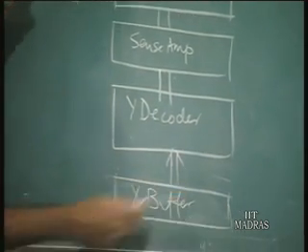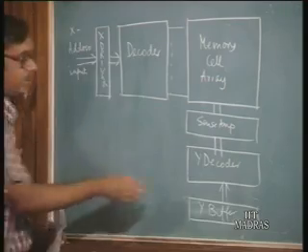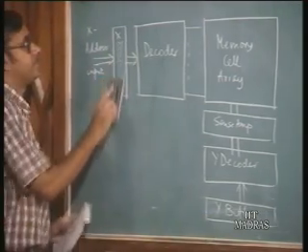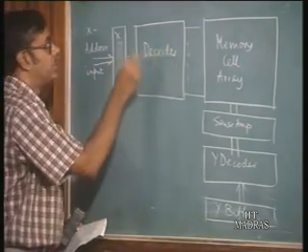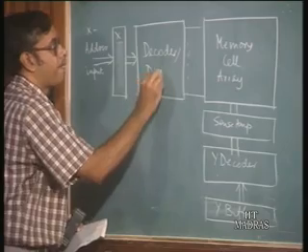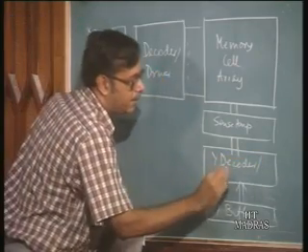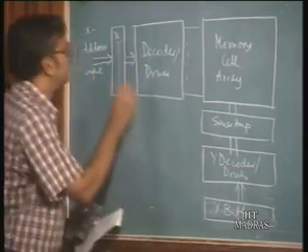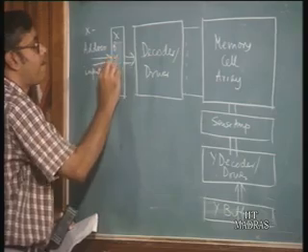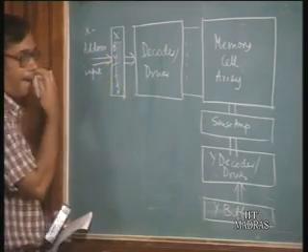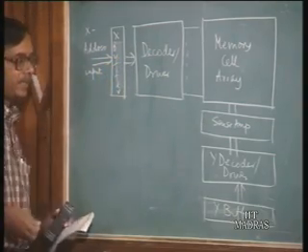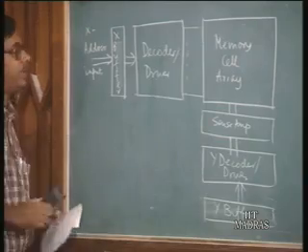So, you have a Y buffer, and you will also have an X buffer here. I will put the X decoder driver, the Y decoder driver, and the X buffer. So, this is the block diagram of the memory array.